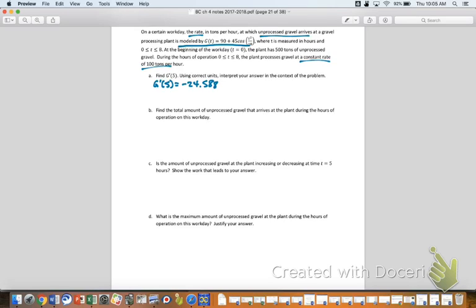I'll put one down here, and I think there's probably more than just this one that could work. So that G prime is negative, right? And so in the context of the situation, the fact that G prime is negative means something, right? So what I'm going to say is G prime of 5 equals negative 24.588.